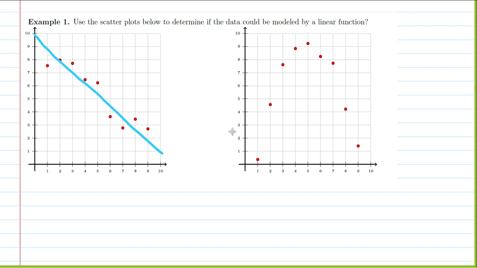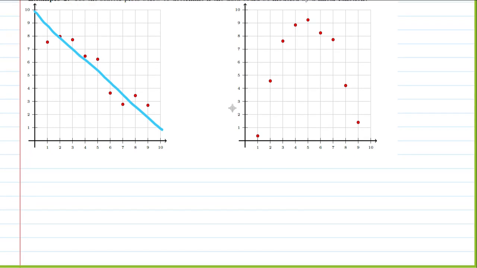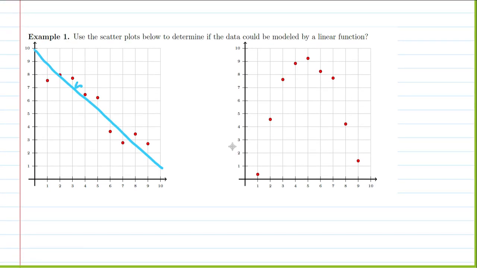So the line that I drew here, does it have positive slope, negative slope, or zero slope? We've got negative slope, right? So we'll observe the slope of this line is negative.